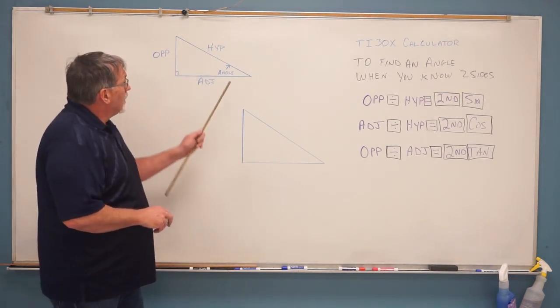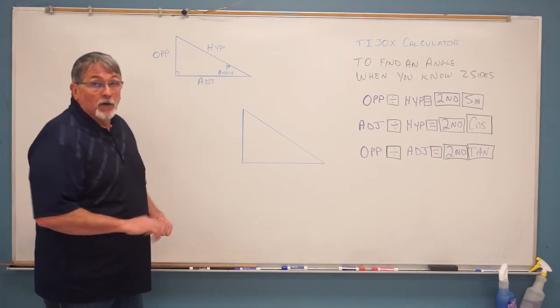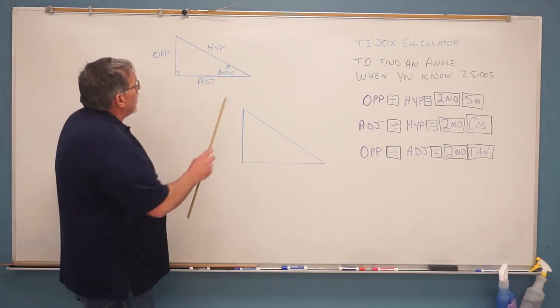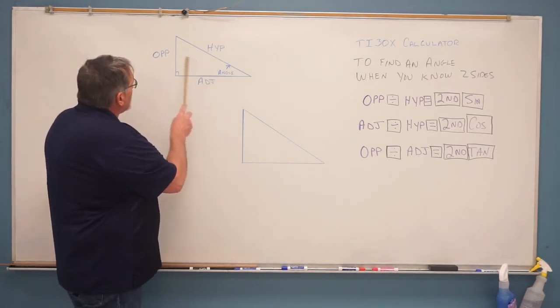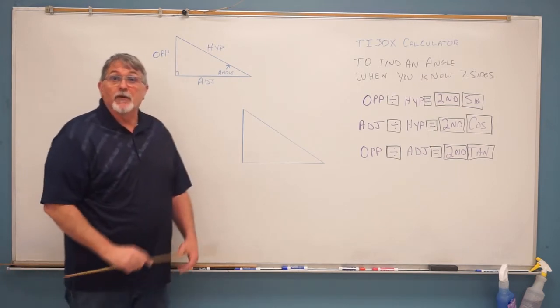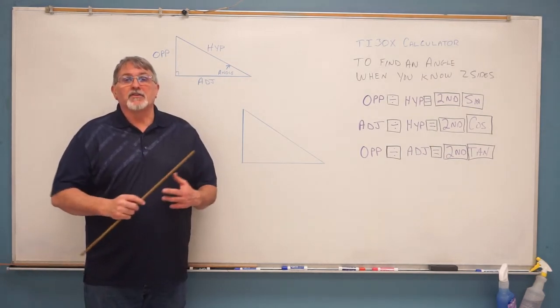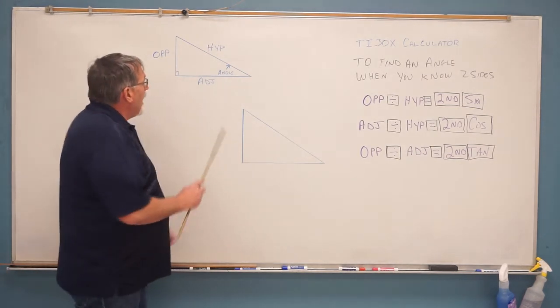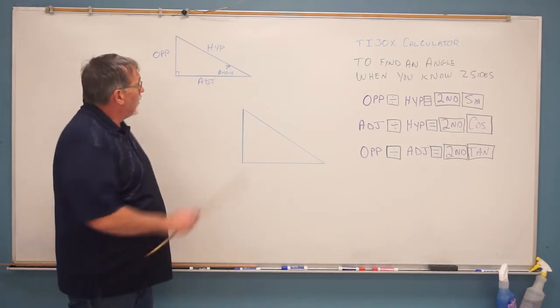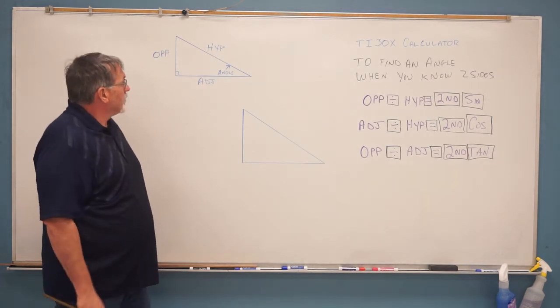So in this case, let's say we're trying to find this angle. So if we want to find this angle, the side that's opposite the angle, straight across from the angle, is our opposite side. So if it's opposite the angle, it's the opposite side. And if it is adjacent or touching the angle, then it's our adjacent side.